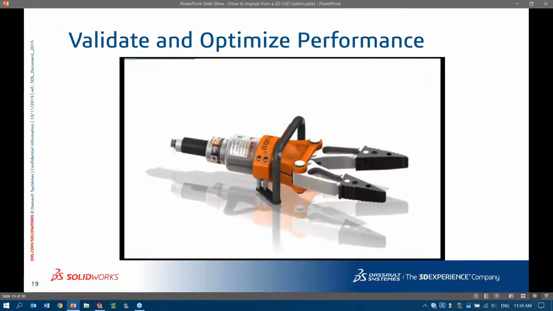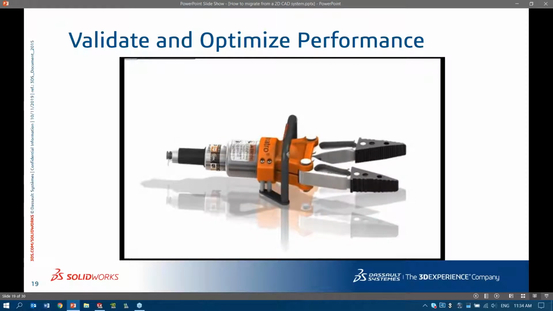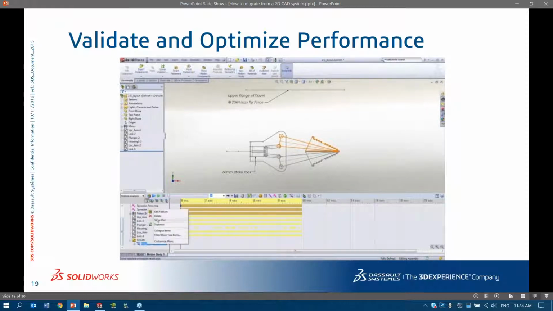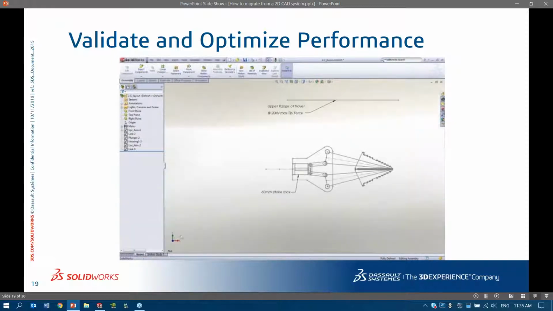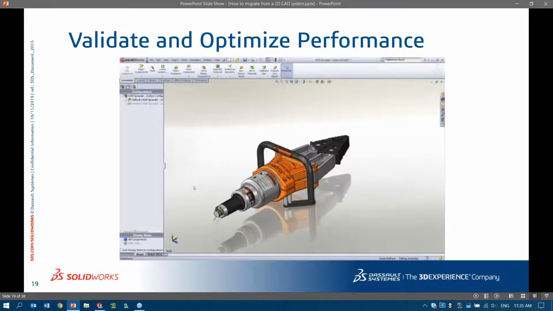So those of first responders going to car accidents have those to help people out of their cars. So as you can imagine, it has to be very sturdy. Also has to be very strong because they use them to pry open doors from a car. So inside of SOLIDWORKS, even though I don't have any 3D geometry, I can actually start simulating forces, the force I need to open up these jaws, depending on the countering force.